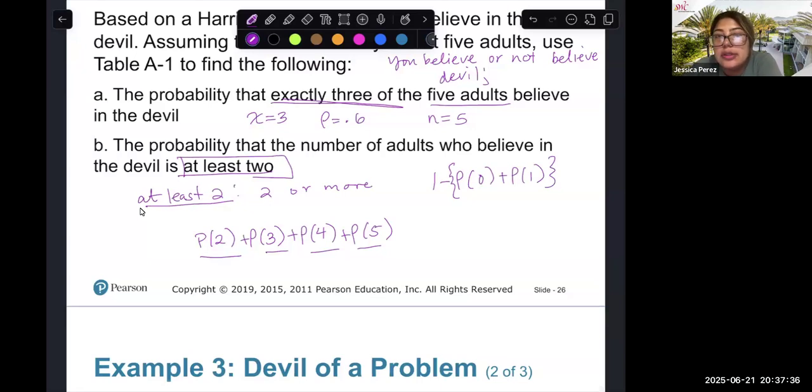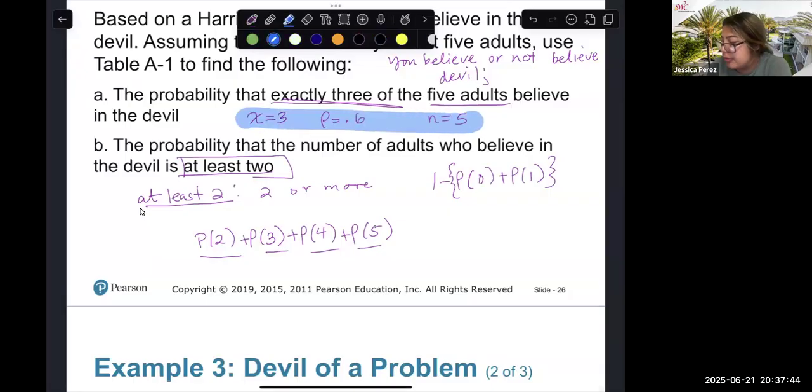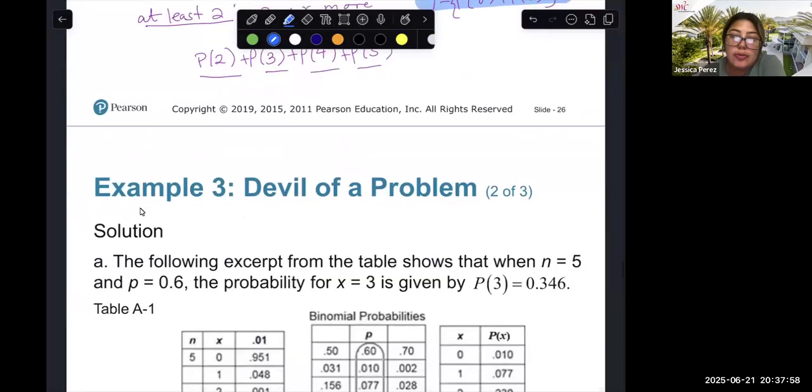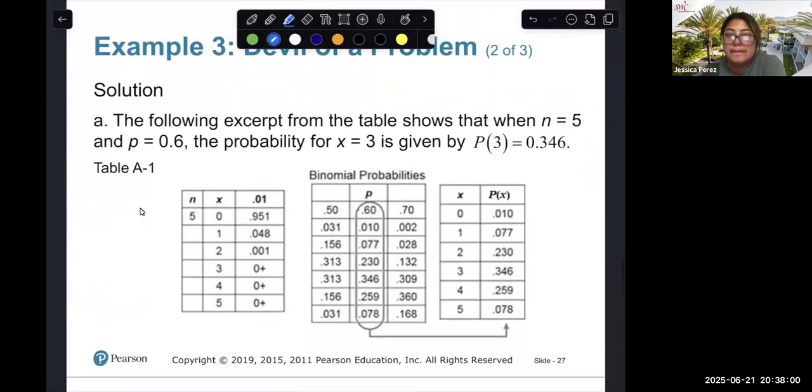So what we can do is create a probability distribution, and we can use our calculator for this. But for this, we can do a distribution where we subtract at least 1. So what we're going to do is look at Table A-1.